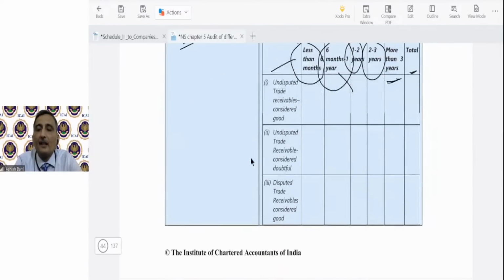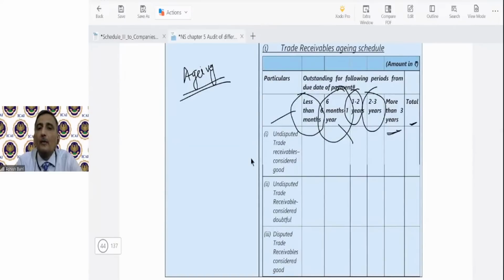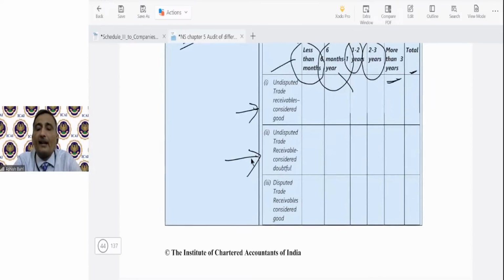And further, these have to be broken down into undisputed trade receivables considered good, undisputed trade receivables considered doubtful. So it means that trade receivables have to be broken into those which are undisputed, for which there is no dispute before any court of law, and disputed trade receivables.